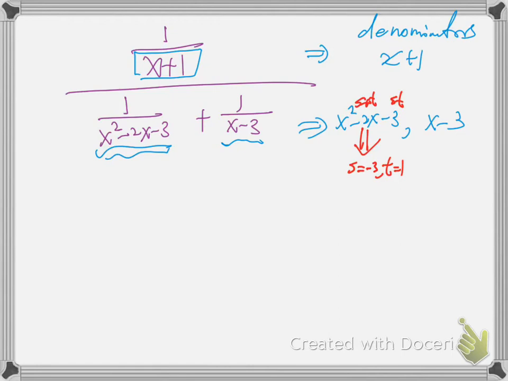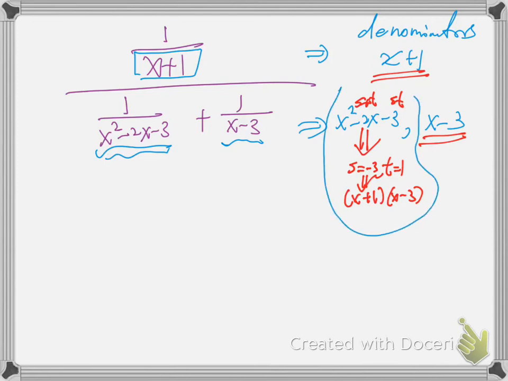So this denominator is x plus 1, x minus 3. Now what are the linear factors? x plus 1, x minus 3. So this degree 2 part didn't give us new linear factors for the LCD.